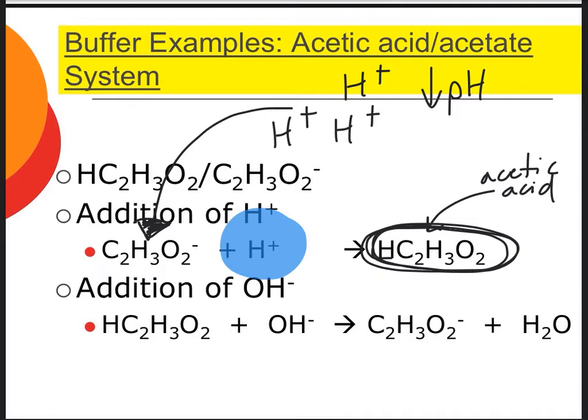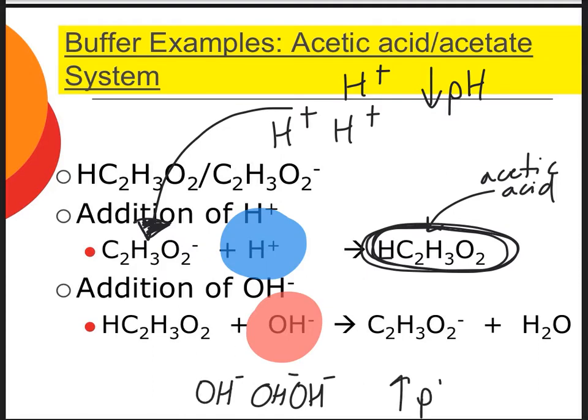If we flip it around and look at the other side: if we have OH floating around everywhere, lots of OHs, the pH is going to try to increase.